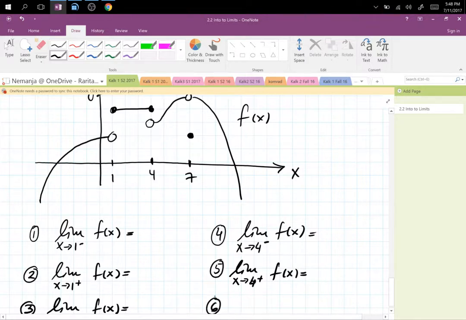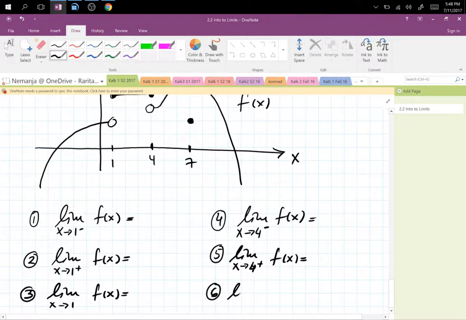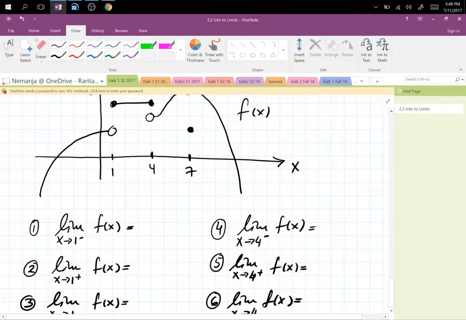And overall limit. And then write your own questions underneath for number 7. Left, right, overall. And then you populate these.